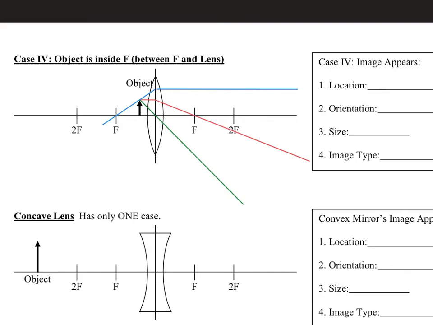So again, I see the problem that these are not going to intersect on the right side of this lens. Let me make this parallel. So what does that mean we have to do?